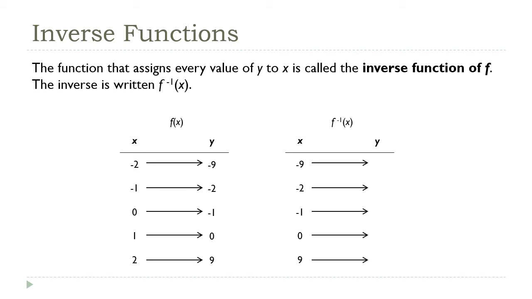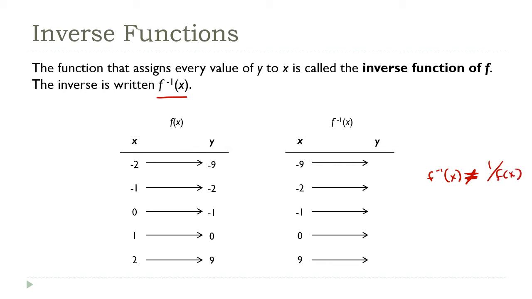And this is how we write it. And I have to talk about that for a second because there's a lot of potential for confusion here. That -1 is not an exponent. This is not 1 over f of x.